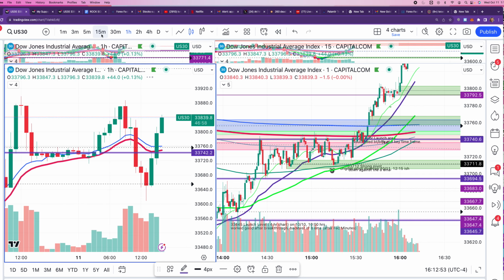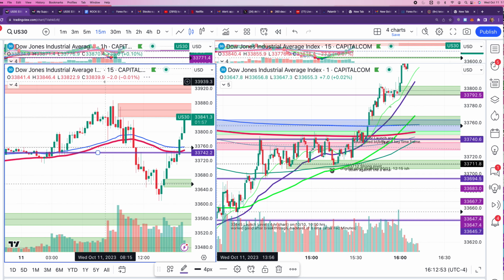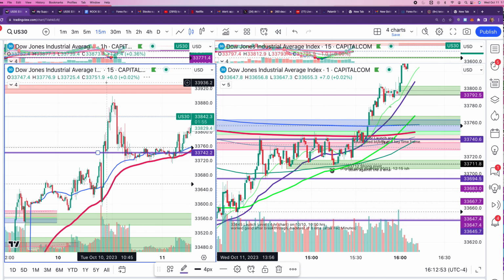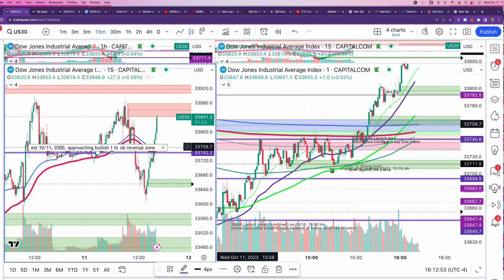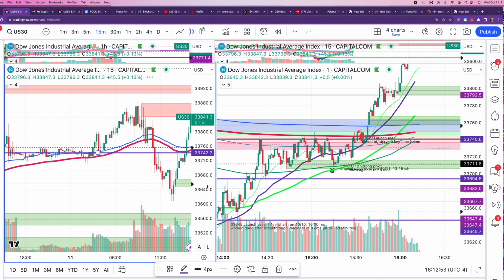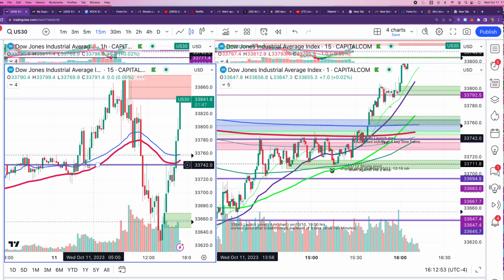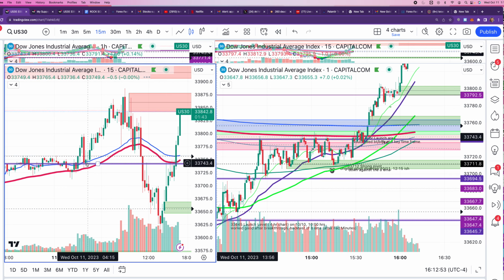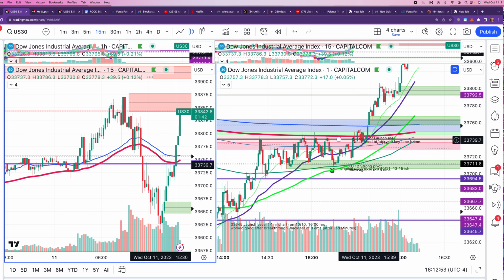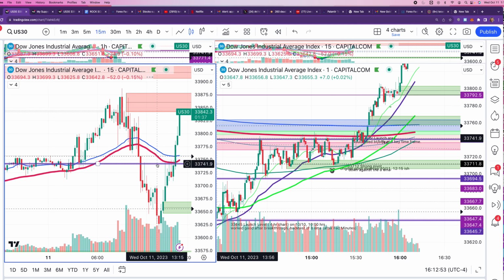It's a little choppy. Let me get a little bit better look at it here. Yeah, I would say this zone right here was where it really took off. So that's why I had this line here at 33,740, about 743.